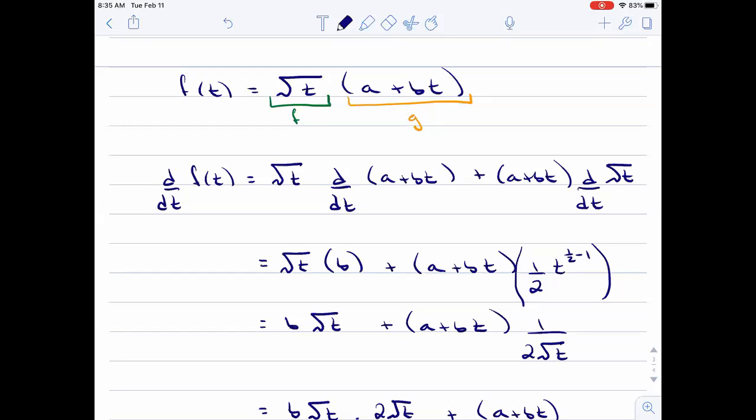And so what we did was, this one just transferred down here, the root t, but the derivative of a plus b times t with respect to t is just going to be b. And so that's where this b came from. Right? And so you can think of these d dt's or d dx as just primes, if you prefer.